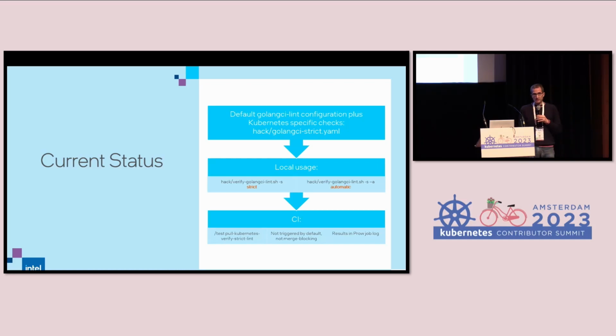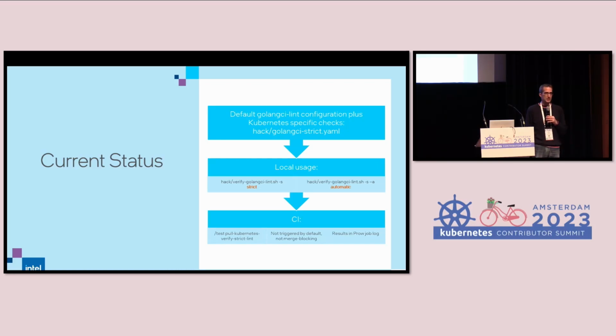The results of that job are in the Prow output, like in any other Prow job. Unfortunately, it would be much nicer to get them as GitHub annotations, but I'll get to that. So right now, the experience is, like with any other things, you need to teach new contributors to look at the test jobs, not just automatically and reflexively, without thinking about it, do a retest.